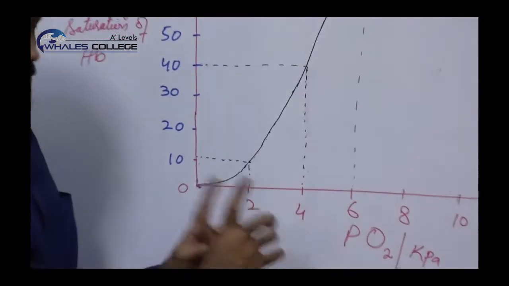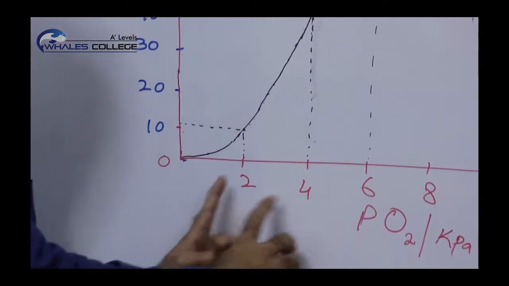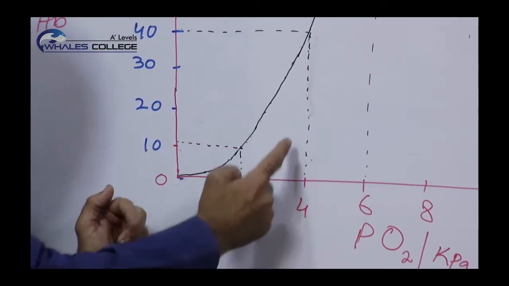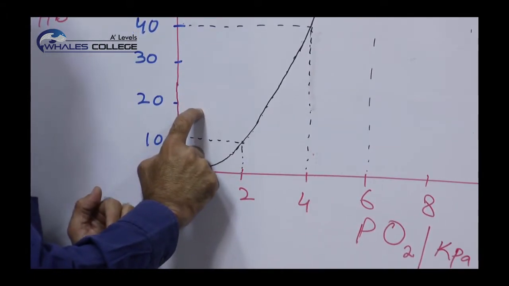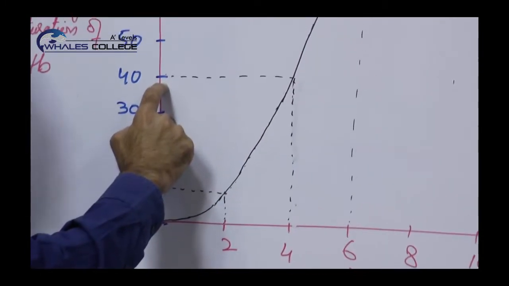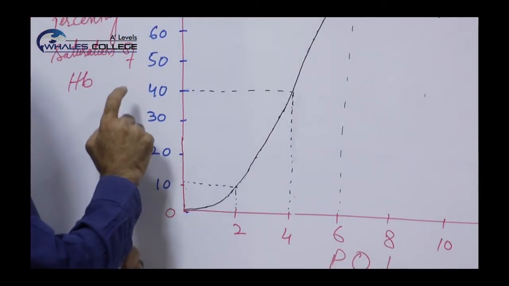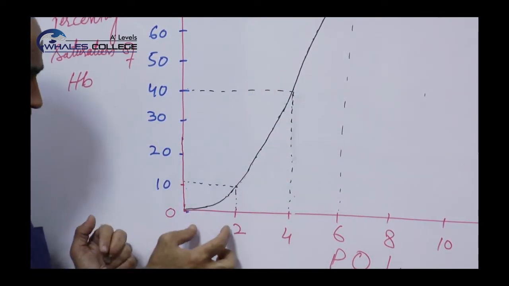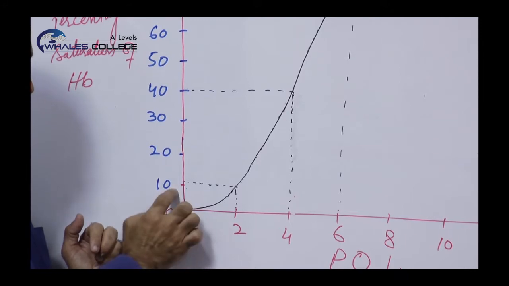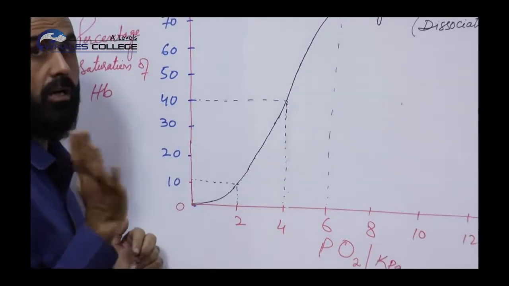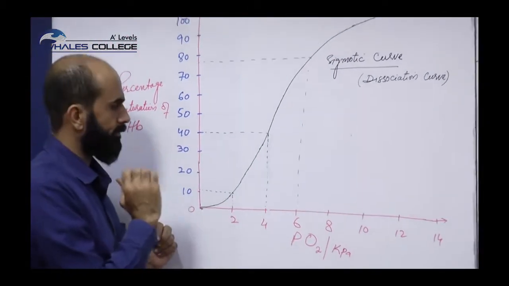But when we raise the partial pressure from 2 to 4, we have doubled the partial pressure of oxygen. So if it is 10, it should be 20. But it's not the case. It's not 20, it is 40%, sorry, it's 40% saturation. Why not 20? Why 40? Because at the same interval, if at 2 kilopascals it is 10, then at 4 it should be 20, but here it's 40, not 20 actually.